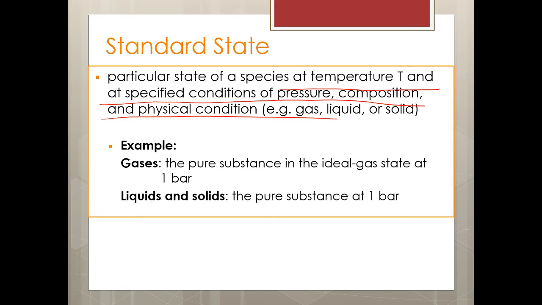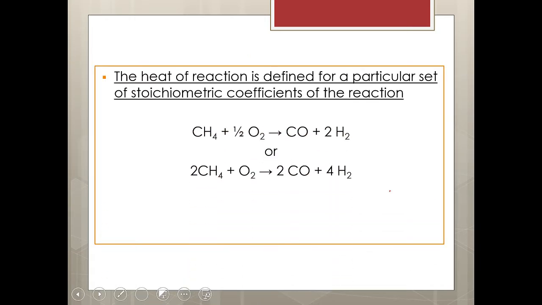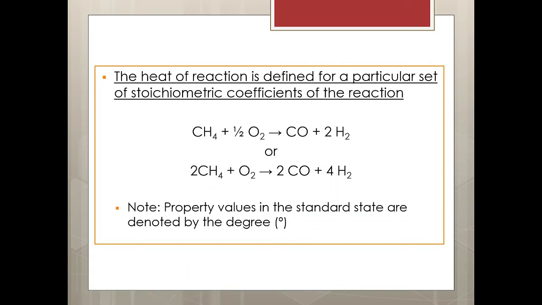Example ng mga substances in standard state. For gases, pure substance in ideal gas state at 1 bar. For liquids and solid, pure substance at 1 bar. So when we say yung heat of reaction, it's defined for a particular stoichiometric coefficient of the reaction.